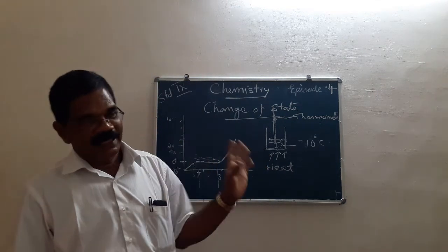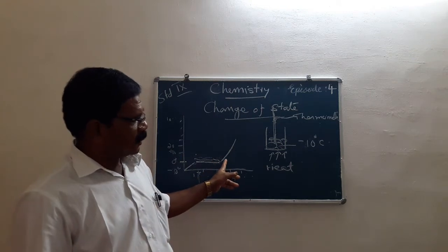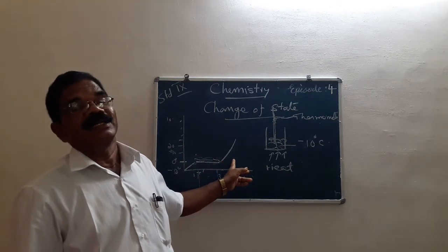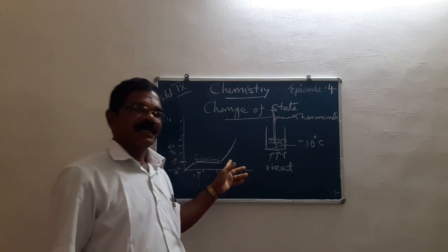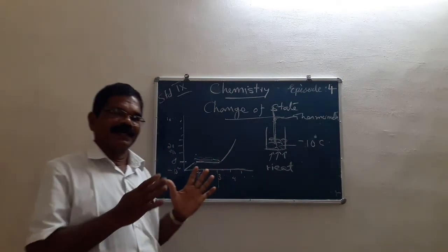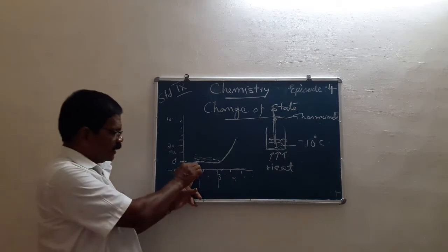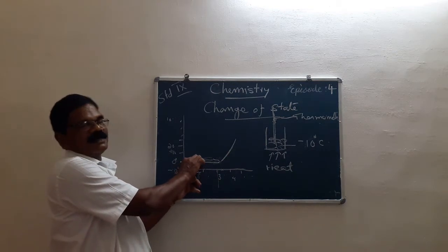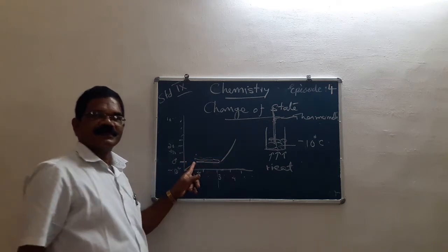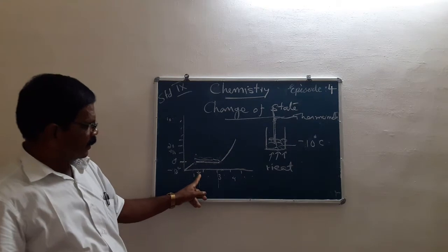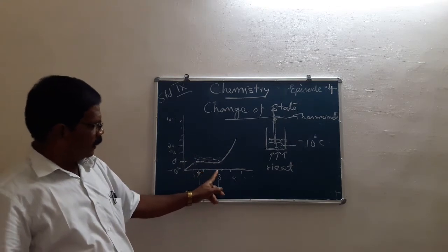Here it melts, so it is known as the latent heat of fusion. What is latent heat of fusion? Latent means hidden. We are heating from the beginning, when the ice starts to melt, till the melting is completed. It takes about 2 minutes.